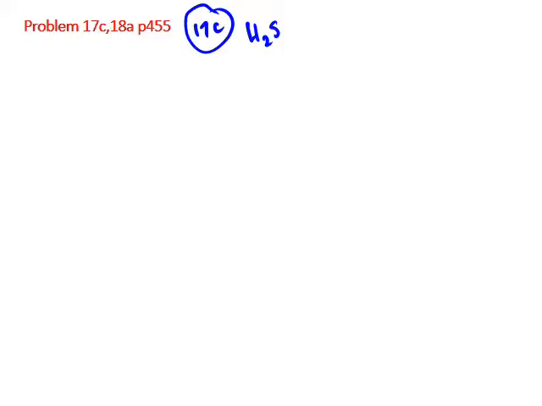So sulfur is from group 6A, and has 6 valence electrons. Each hydrogen has 1, and 2 of them would have 2 valence electrons, and altogether there are 8 valence electrons. Let's write down the Lewis structure now. Again, we don't know at this point what kind of shape it's going to have, so let's write it down whichever way you want. Let's assume this is a straight line or linear.